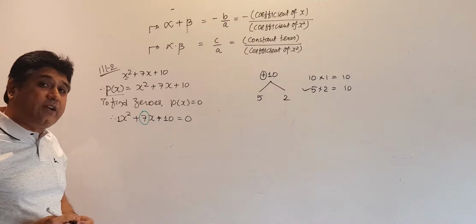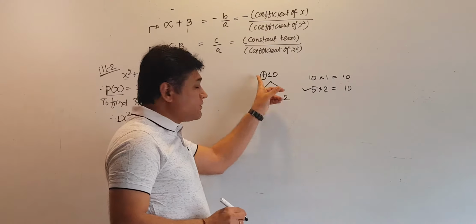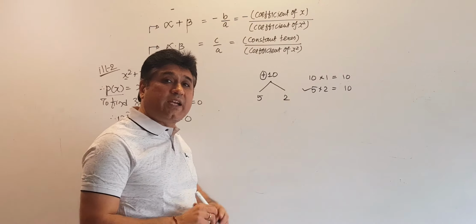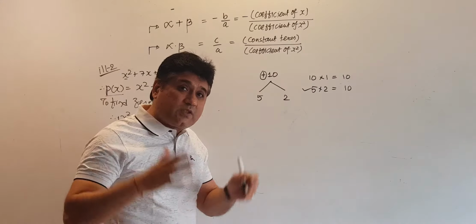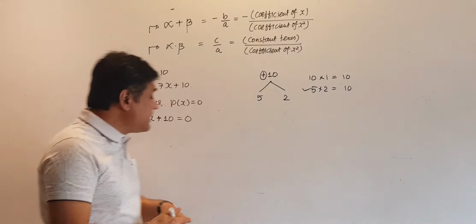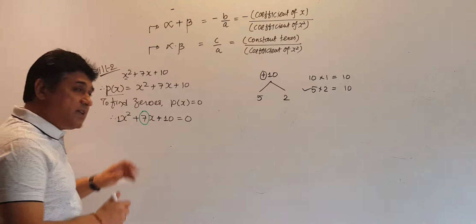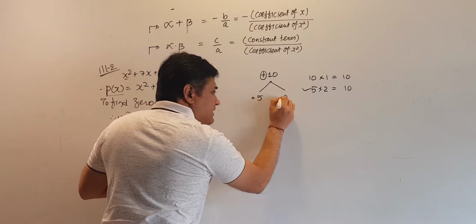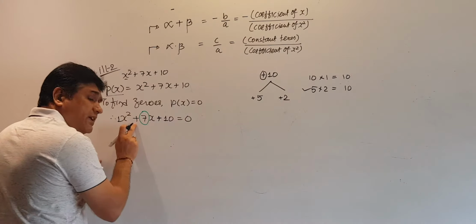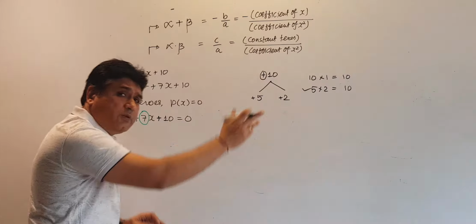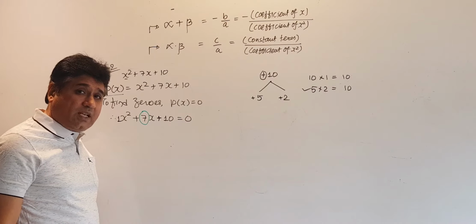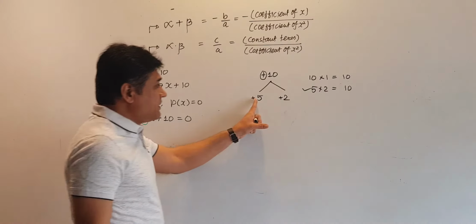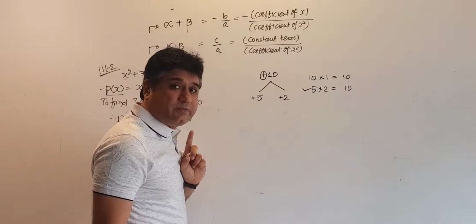Now I have to add 5 and 2, so the signs must be equal. The sign will be decided by the middle term. Middle term sign is plus, so both will be assigned plus. And if here it would be minus, then both would be assigned minus. I'm clear friends? So plus 5 and plus 2, right?